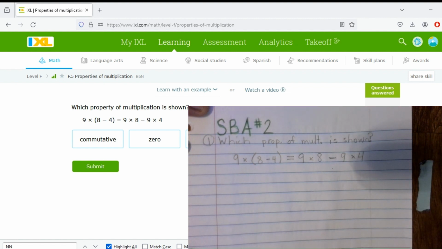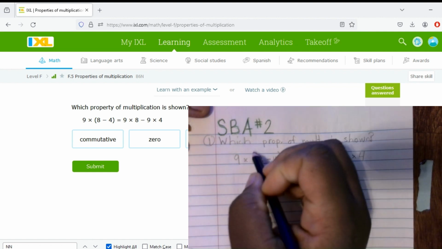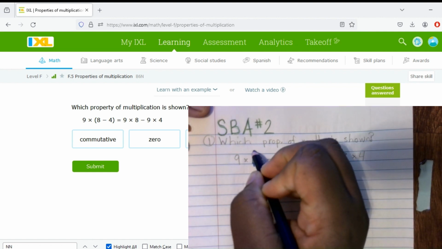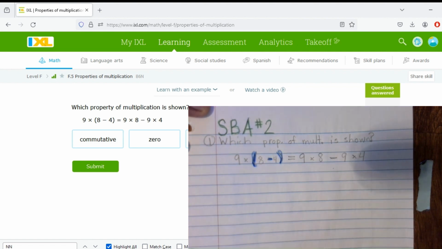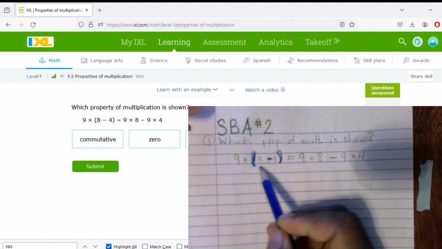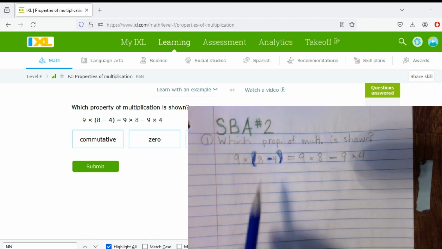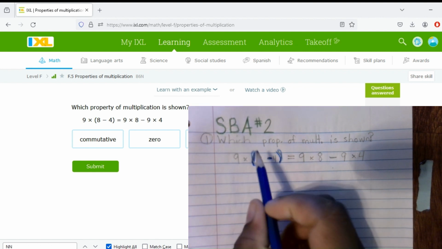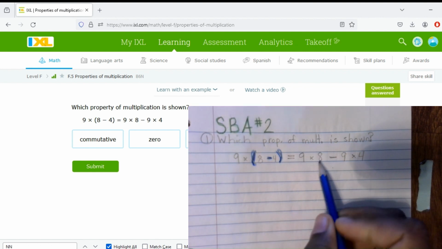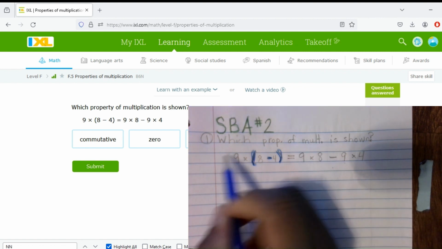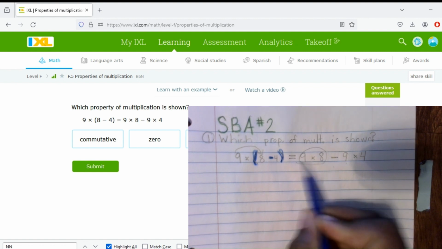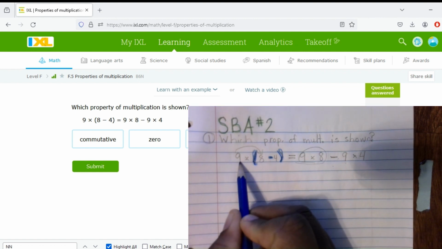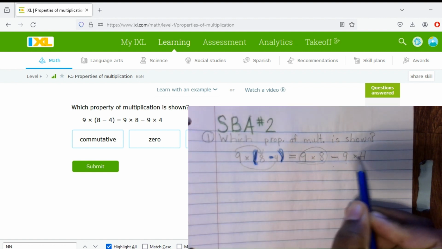And so I see the parentheses and the subtraction. Inside of my parentheses I have subtraction. And over here I don't have any parentheses, but I still have subtraction. I have 9 times 8, that's the first part here, minus 9 times 4.